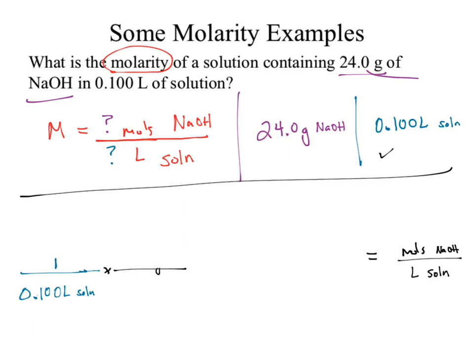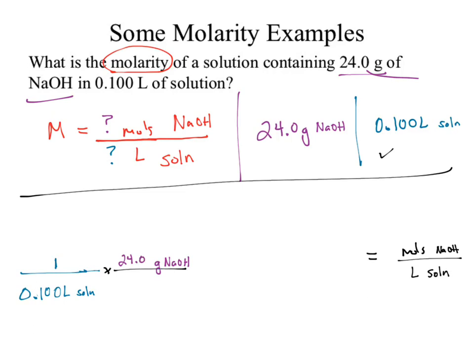Whoops. What color did I use? Blue? Blue. No, I used purple. Just wanted to make me erase again. Grams of sodium hydroxide. What number is associated with that grams of sodium hydroxide? 24.0.